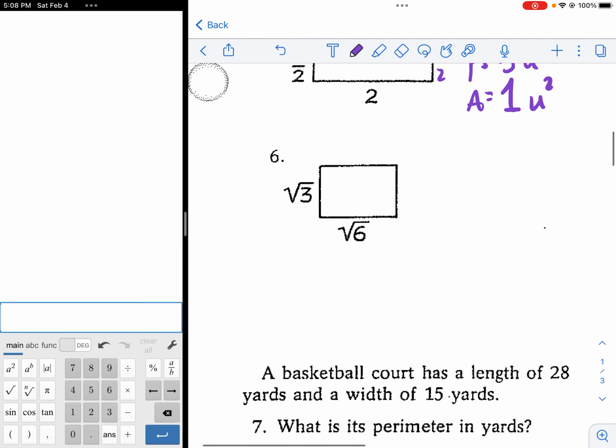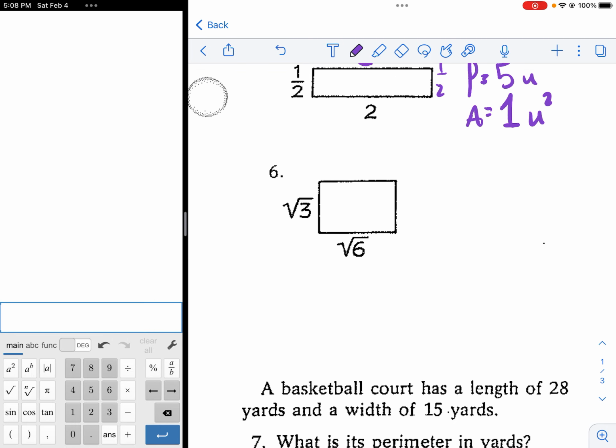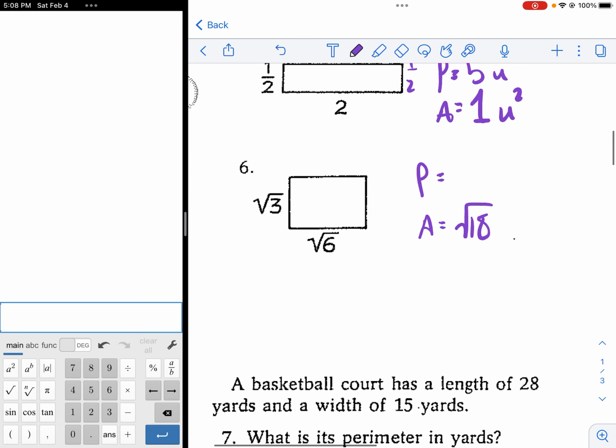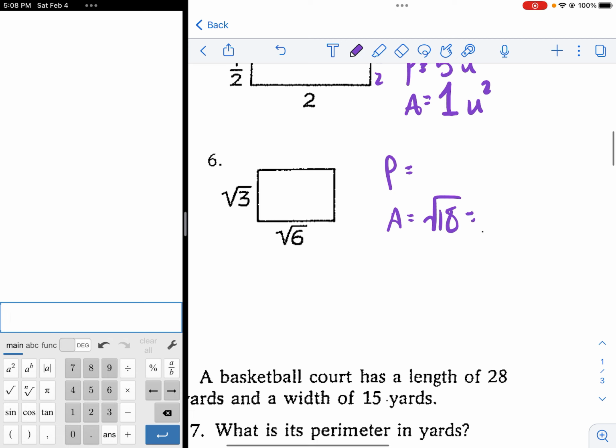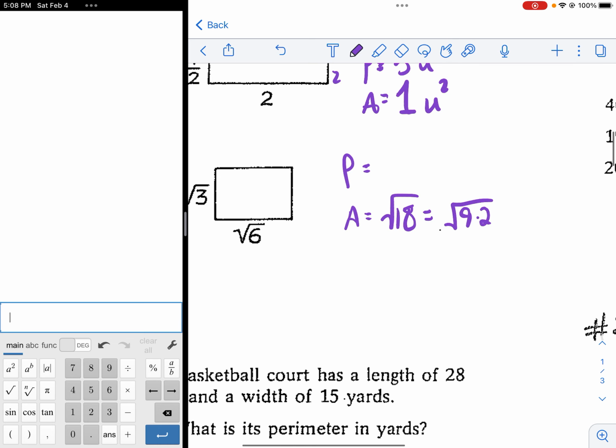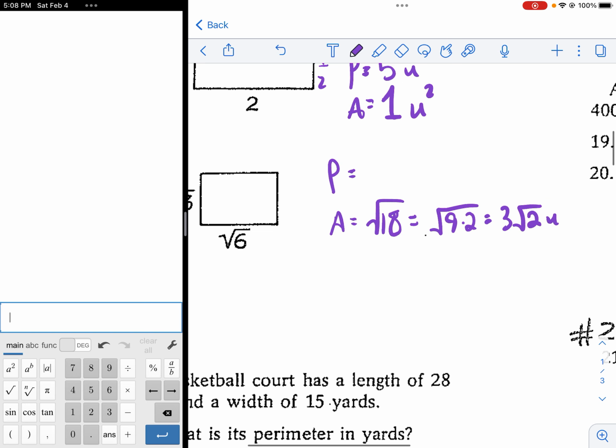Good thing we just did a whole unit on that, right? So I have a perimeter and an area. My area is going to be square root of 6 times square root of 3, which gives me square root of 18. I'll write that as a simplified square root: square root of 9 times 2. That's 3 square root of 2, and that would be in units squared, right?